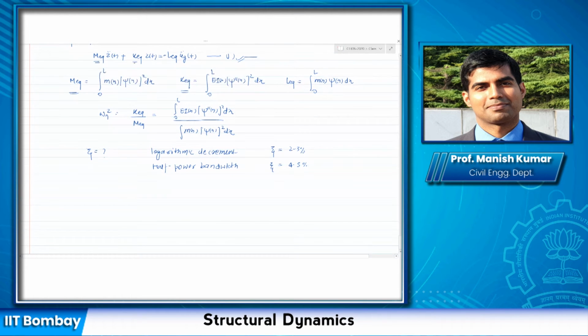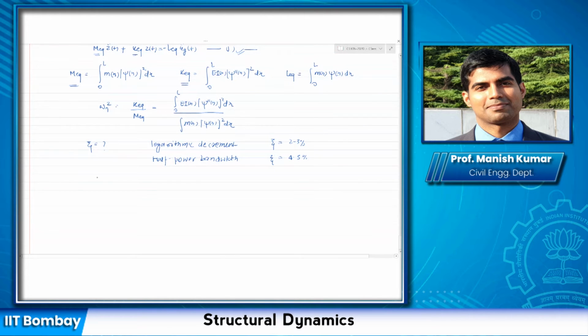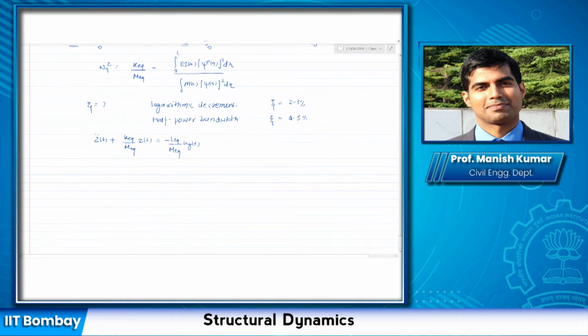Now, if I divide this whole expression by m equivalent, I can get this as z double dot plus k equivalent over m equivalent times z(t), equal to an expression you might already be familiar with. We are going to write it in this form, first for an undamped system and then for a damped system, and this we are again going to represent with a new parameter called gamma equivalent.